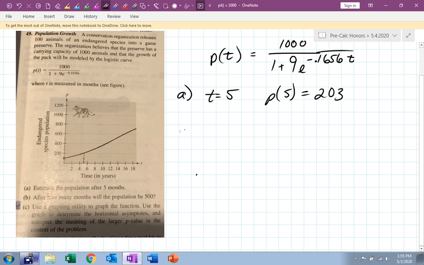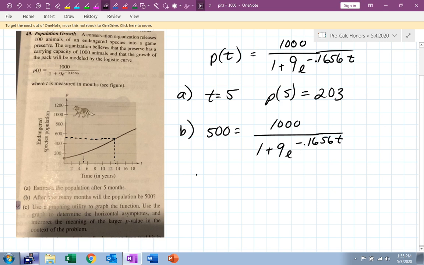Part B. After how many months will the population be 500? You can estimate here, and it looks like it should be around 13 months or 13 and some odd. But again, we can solve that using our equation. We want it to be 500, so I'm making the whole equation equal to that, and I'm going to solve for t.